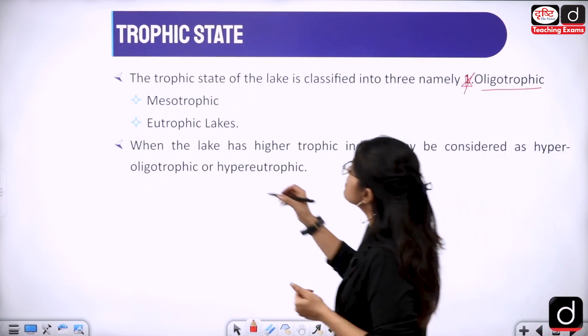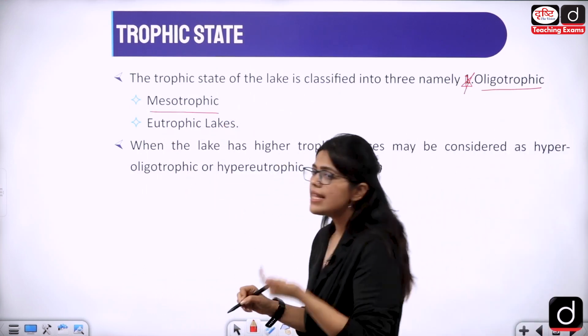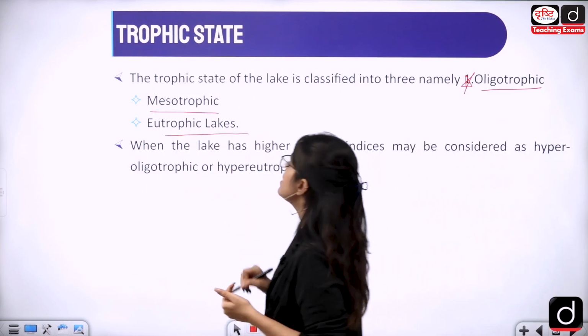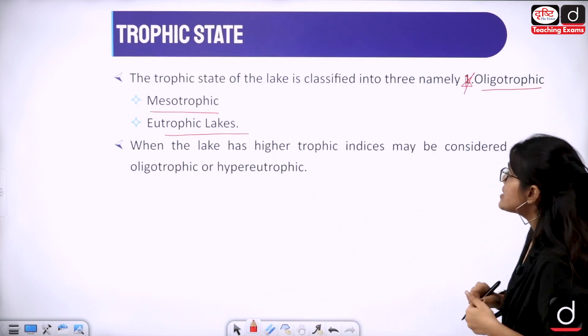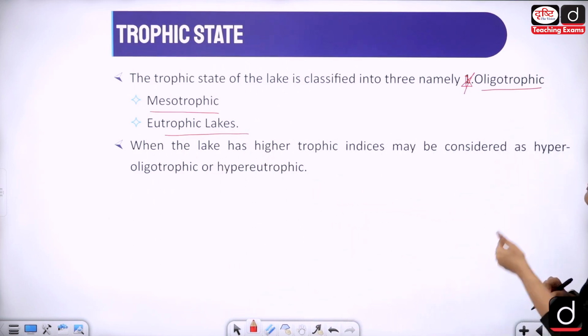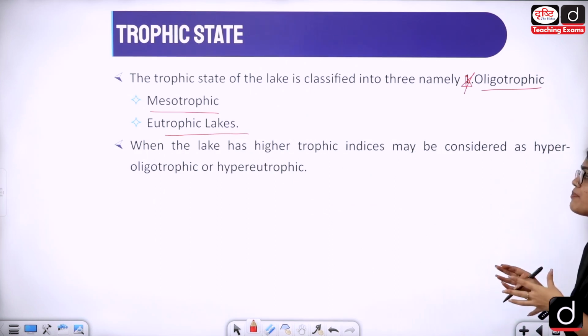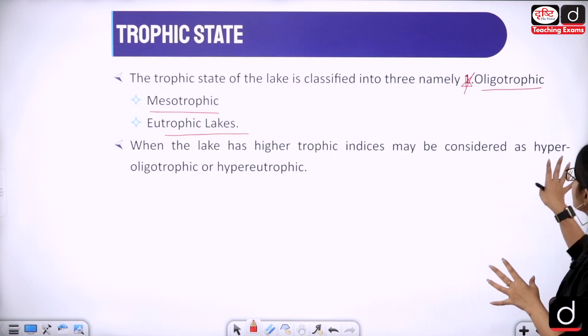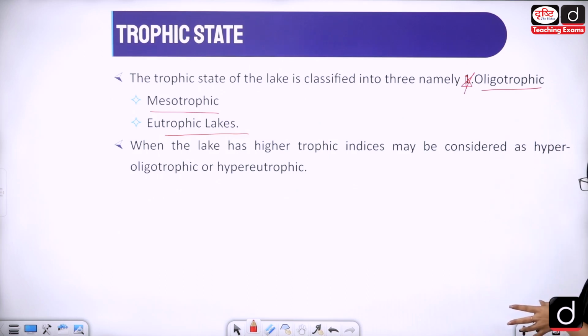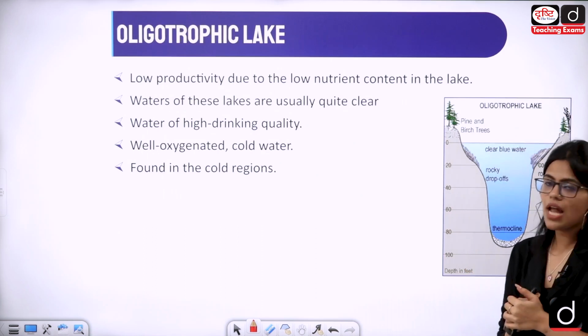Then there is the mesotrophic lake. Then there are eutrophic lakes. When the lake has even higher trophic conditions, we call it a hyper-eutrophic lake. We'll discuss these three first and then talk about the last one.